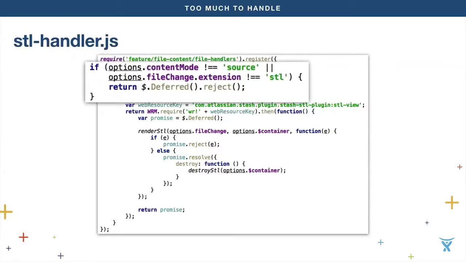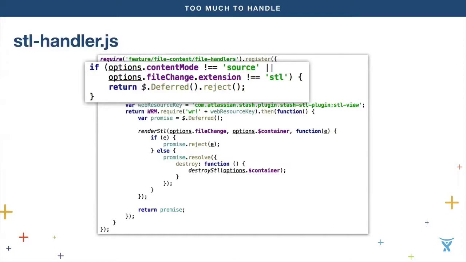Next, we want to do a couple of sanity checks on the context that we're rendering in. So as I mentioned, we only implemented the source view, and this is only applicable to STL files. So we're checking both whether it's not the source view and whether the extension isn't an STL. And if it's not, we're going to reject it and tell Stash, I can't handle this, I can't render this, fall back to your default rendering.